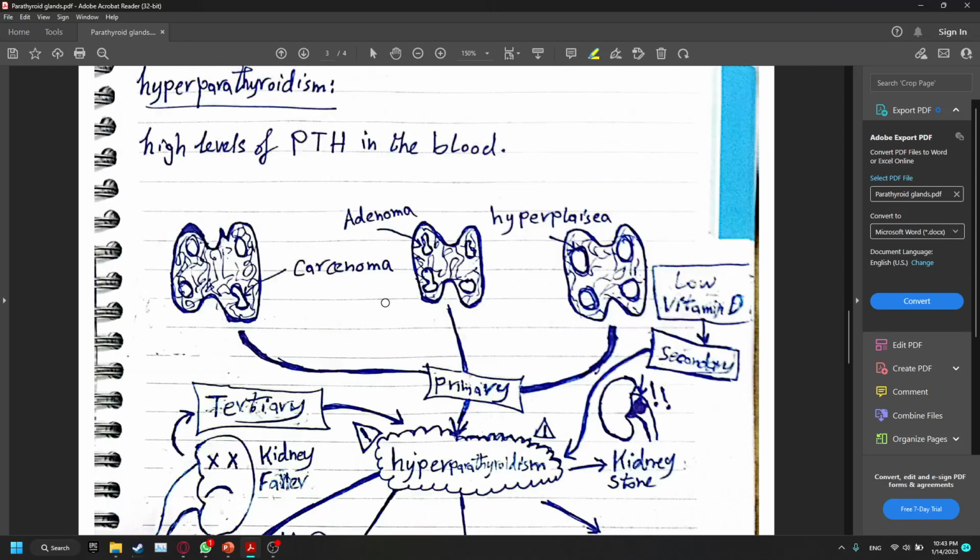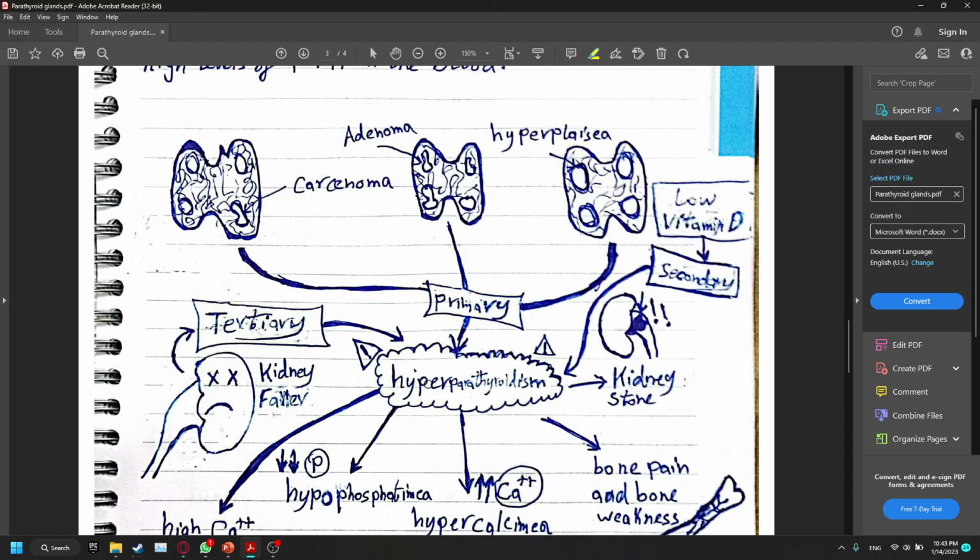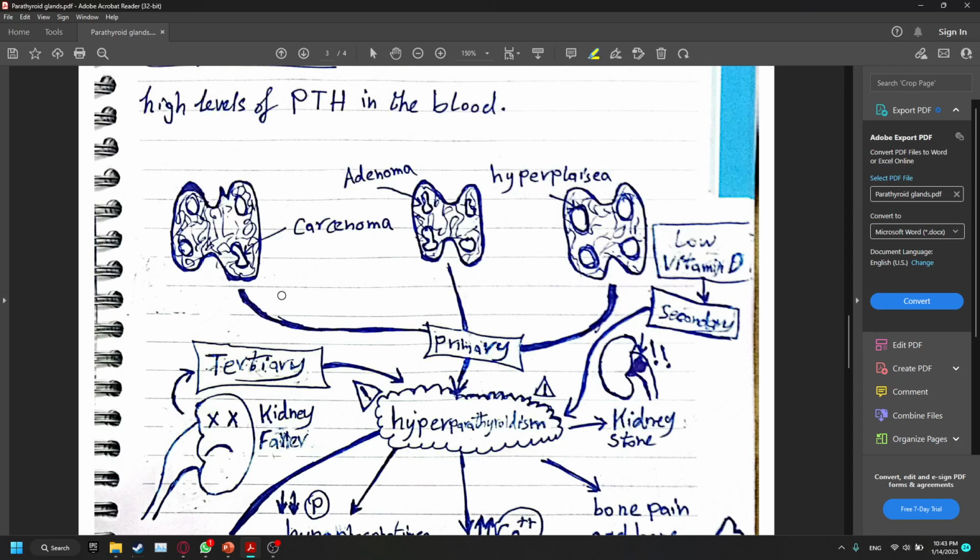What causes hyperparathyroidism? It could be carcinoma of the parathyroid glands. Carcinoma means more cells, and more cells means more parathyroid hormone. It could be adenoma, which is a benign tumor. It could be hyperplasia, an increased size of the cells that produces more parathyroid hormone.